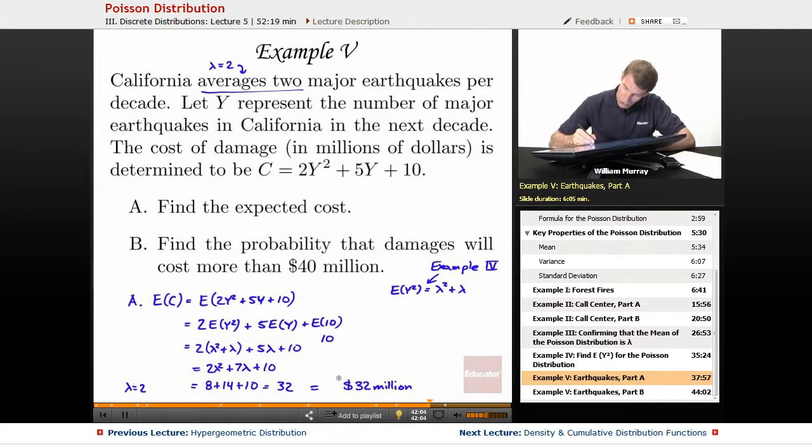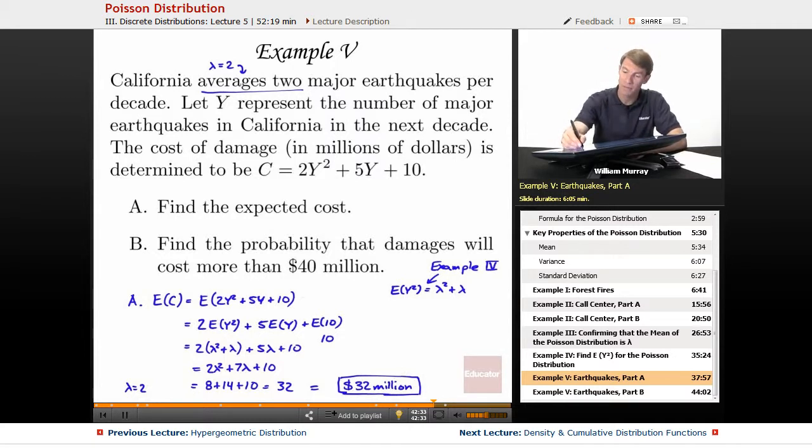That means long-term, California can expect to spend an average of $32 million on earthquake damage each decade. So if you want to make some planning based on how much it would cost to retrofit buildings or how much it would cost to make up different earthquake safety plans, you want to budget that against the expected amount of damages, which is going to be $32 million.